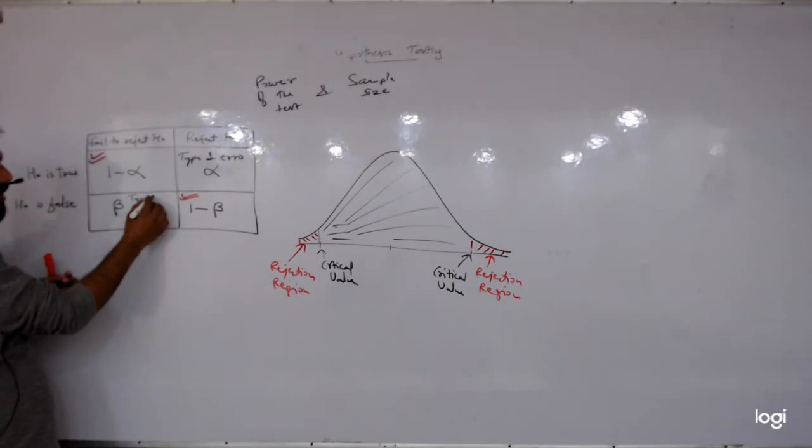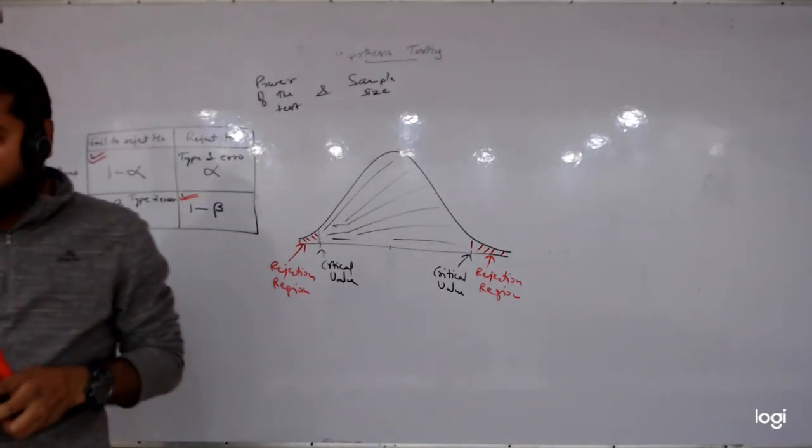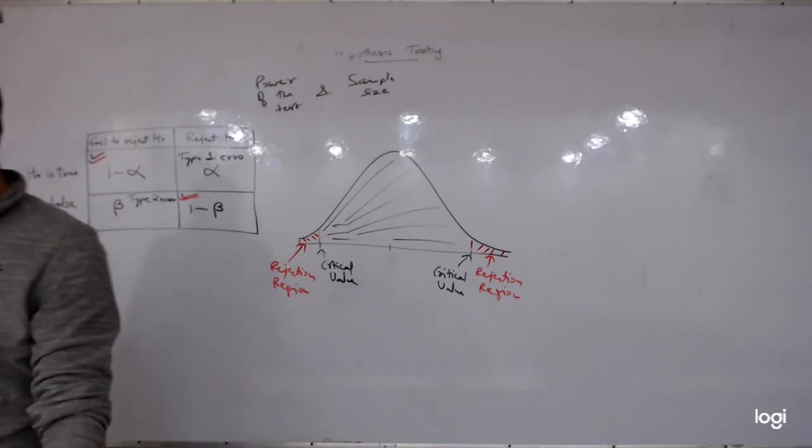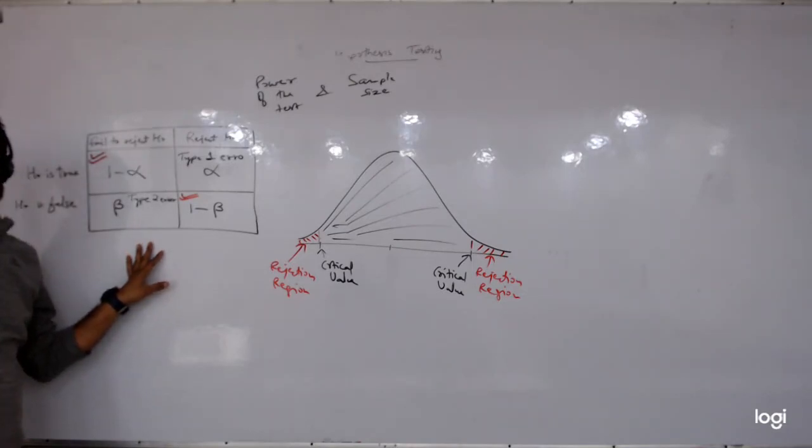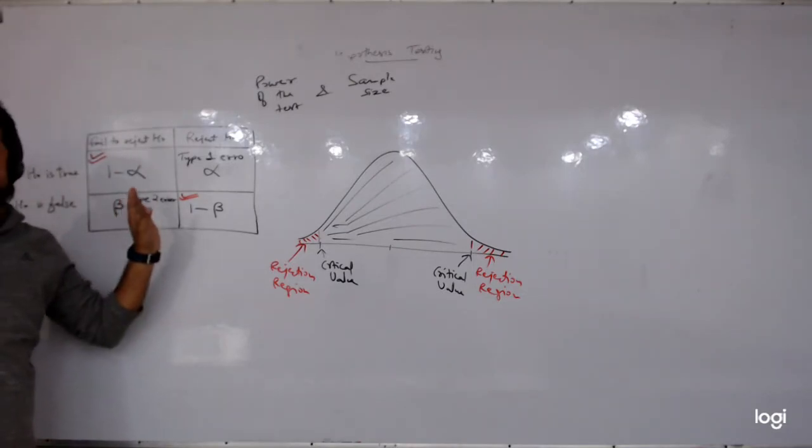This is type 2 error. Okay, now I'll tell you a basic rule, a funny example to memorize this. This is going to go into recording. If anyone makes a complaint, I'll just mute this section so it disappears from the class.